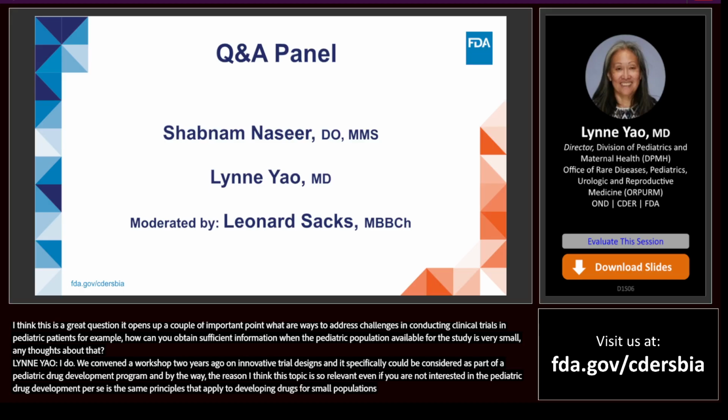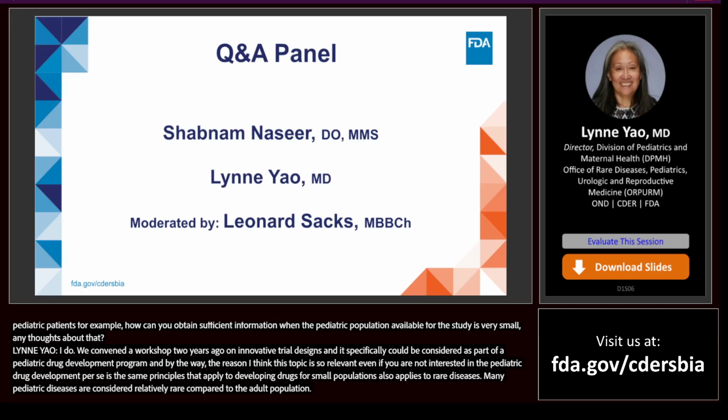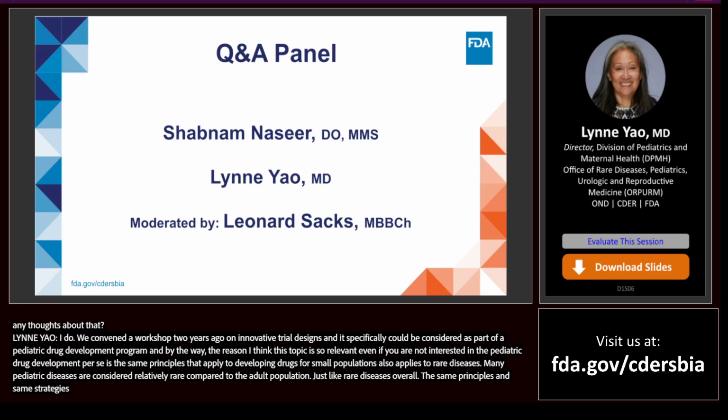So many pediatric diseases are considered relatively rare compared to the adult population, just like rare diseases overall. So the same principles, the same strategies, and the same innovative trial designs that we use in pediatric drug development can be applied in many cases to rare disease drug development.